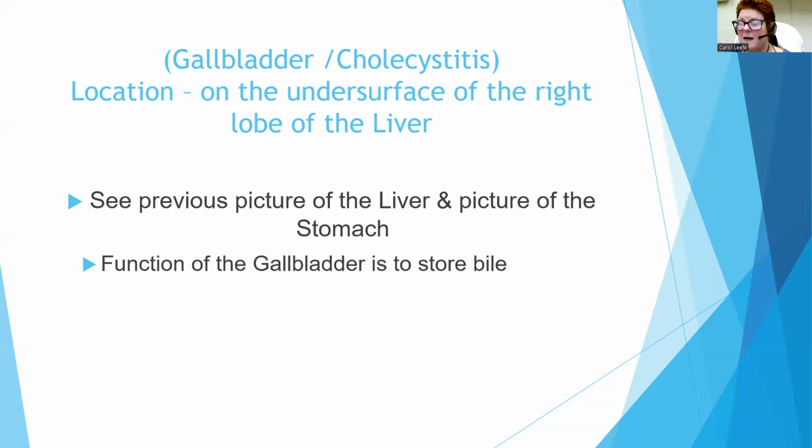The hepatic duct brings the bile and meets with the cystic duct to form the common bile duct. And that's where the pancreatic duct meets with them and then flows to the duodenum to be able to digest food.